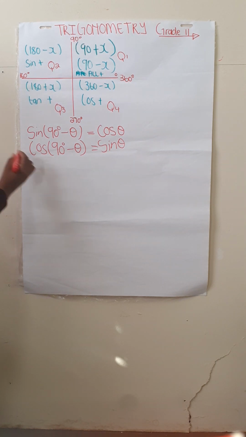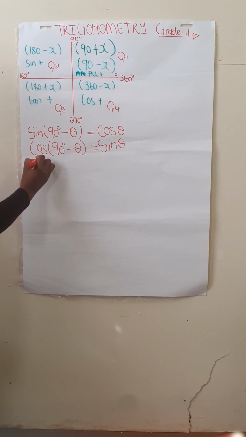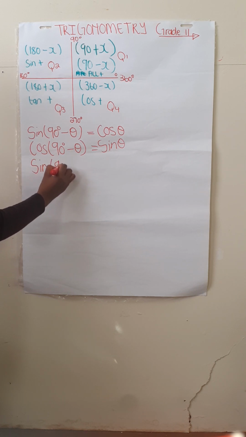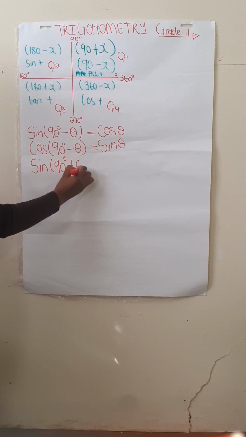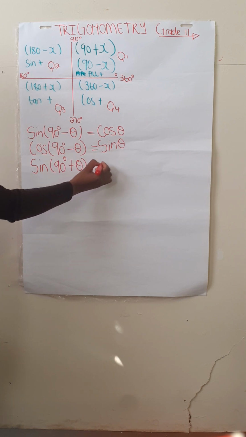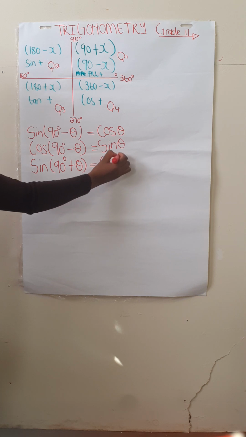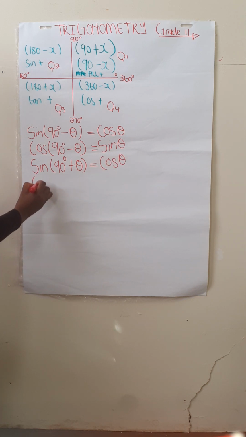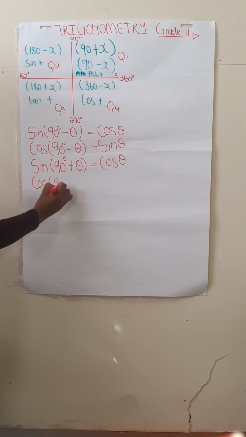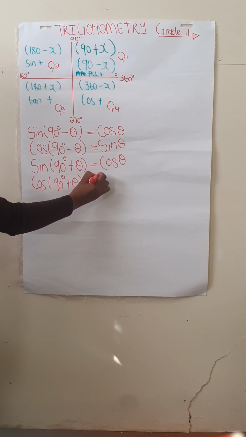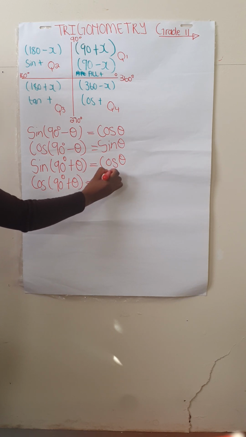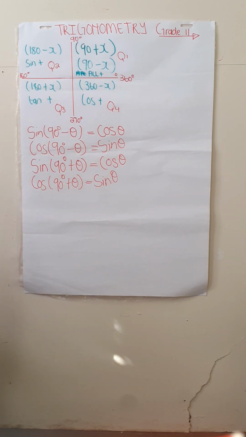Even when you are given sine(90 degrees plus theta), that is still going to be cos theta. If you are given cos(90 degrees plus theta), that will still be sine theta. So whenever you see 90 and you see cos or sine, just know that they will change.